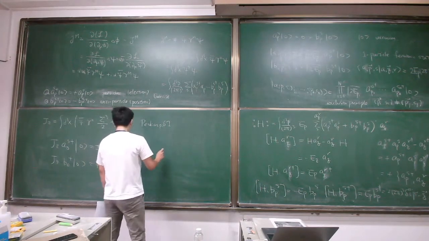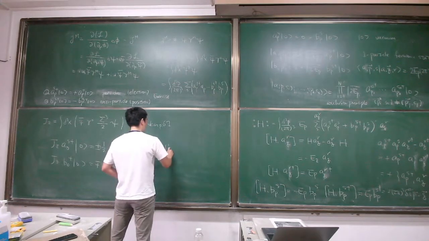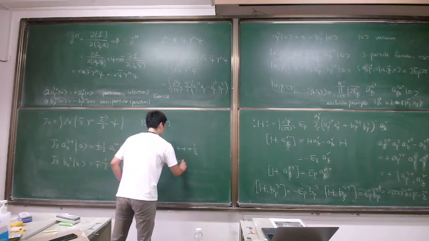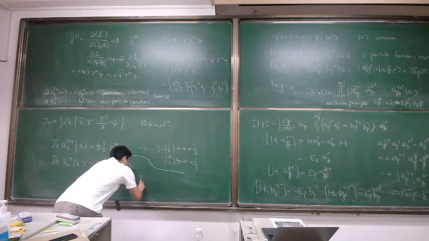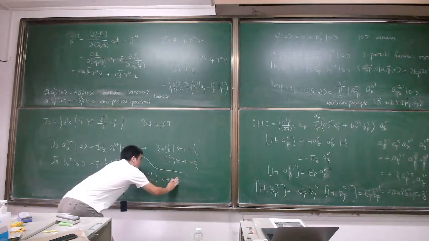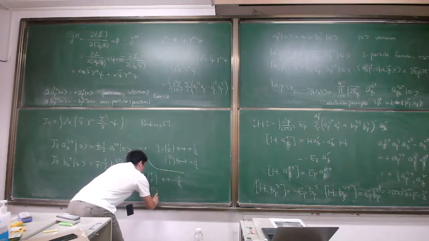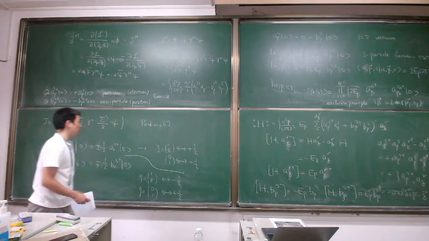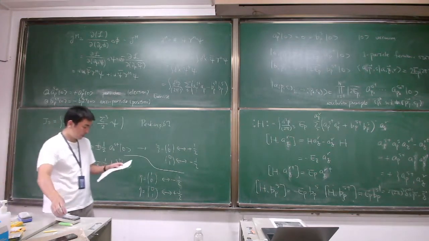Here you treat xi as (1, 0) corresponding to plus 1/2, and (0, 1) corresponding to minus 1/2 for the electron. On the other hand, for the positron, (1, 0) corresponds to minus 1/2, and (0, 1) corresponds to plus 1/2. So depending on positron or electron, you have to be careful about the sign.